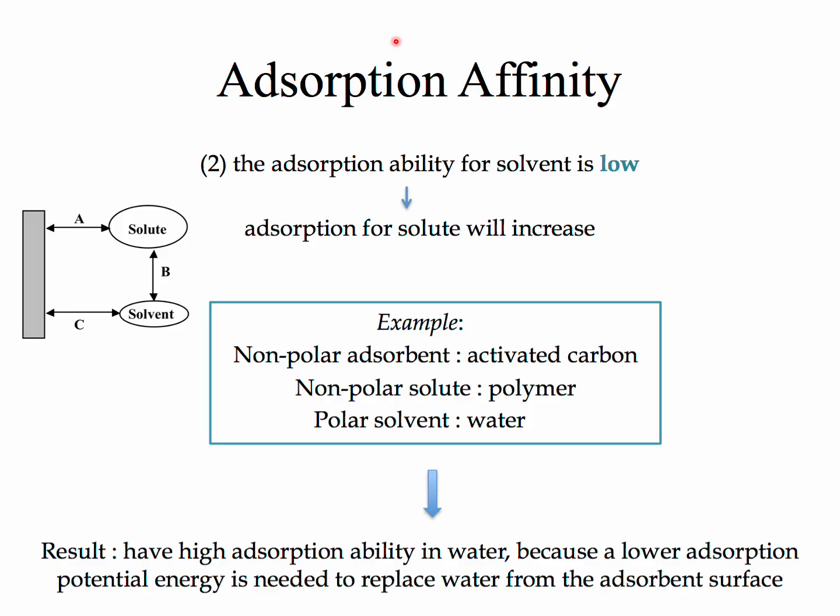This makes it easier for the non-polar solute molecules to replace the solvent at the surface and become absorbed. As a result, we observe a high absorption ability of the solute in water. This is because a lower absorption potential energy is required for the solute to replace the weakly absorbed solvent molecules.